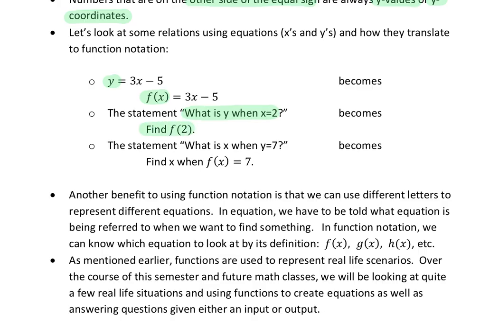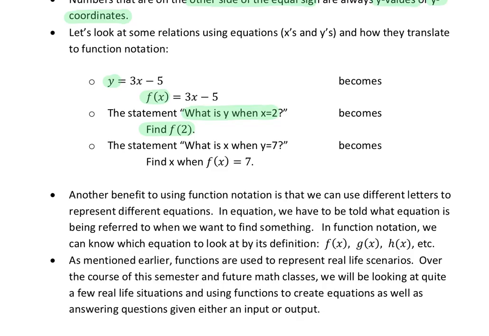These are the exact same statements. So here, notice that we replace the x in our function notation with 2. And so what we will do is we will replace all of the x's with 2, just like we did when we are asked what is y when x is 2.